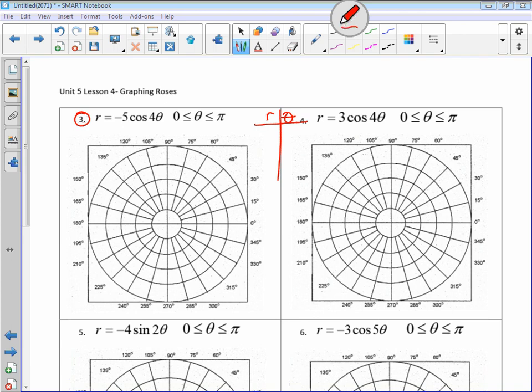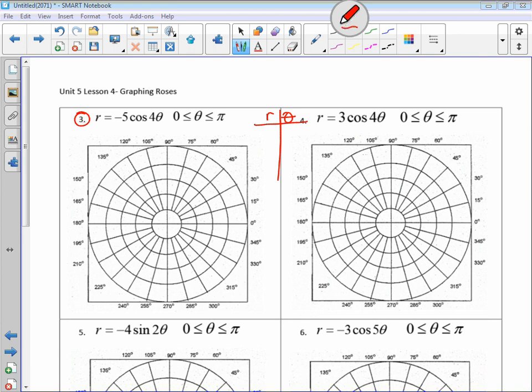I just put all the pi values. Wait, that means... But I'm going to show you something with that one that makes it easier. Yes. Just to save yourself a little bit.